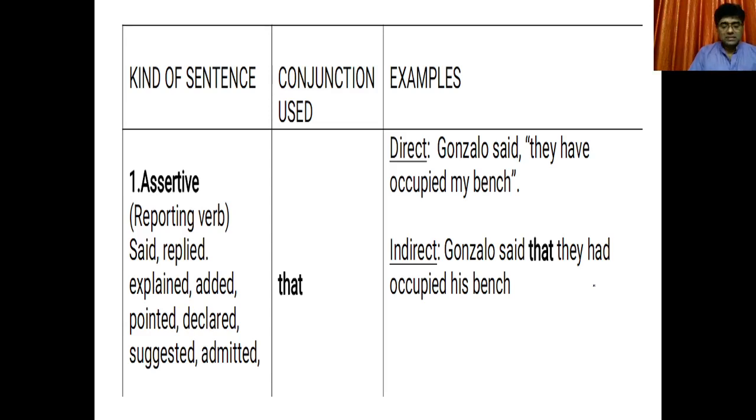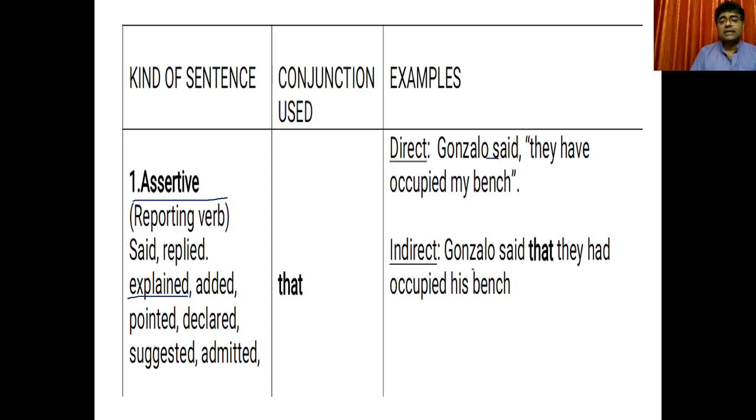This would be the same thing once again. For an assertive sentence, we have the reporting verb "said". If it is a reply, use "replied". If it is an explanation, use explained, added, pointed out, declared, suggested, admitted. So it all depends on what the statement is about. For example, Gonzalo said, "They have occupied my bench." It's a statement.